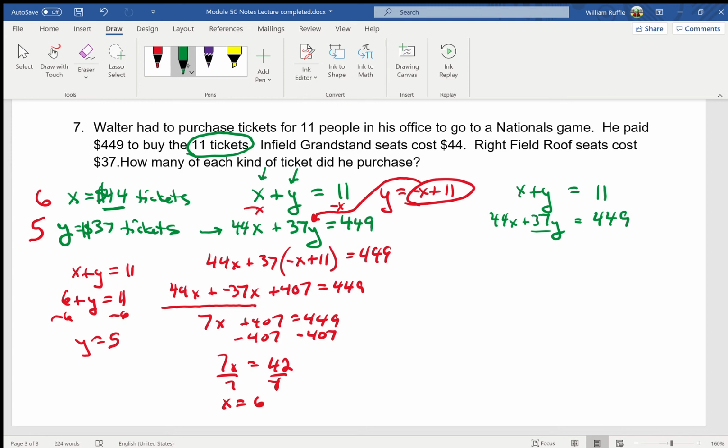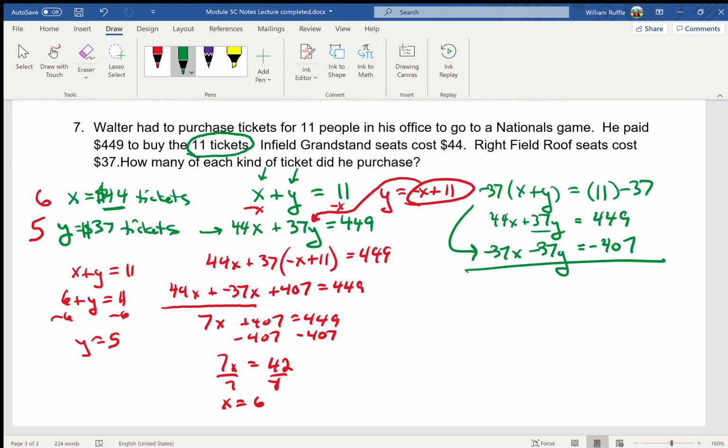So if this is positive 37, I want this to be negative 37. So I'm going to multiply each side by negative 37. When I rewrite that, underneath it, it's negative 37x minus 37y equals, what's this, negative 407.